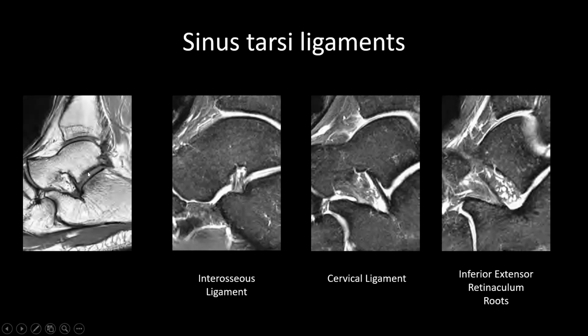But sometimes in sinus tarsi syndrome or in other cases when ankle is involved, you can find hyperintense signal in this area, and space occupying lesions like ganglion cyst and other structures. The ligaments which form sinus tarsi ligamentous complex are interosseous ligament, cervical ligament, and inferior extensor retinacular roots.